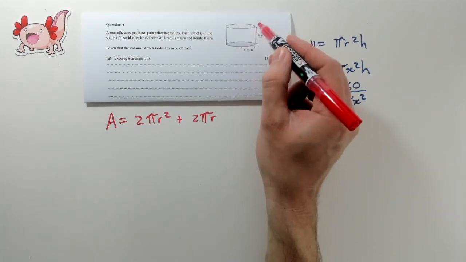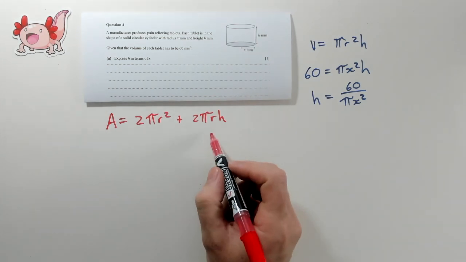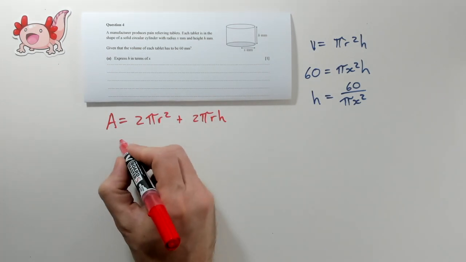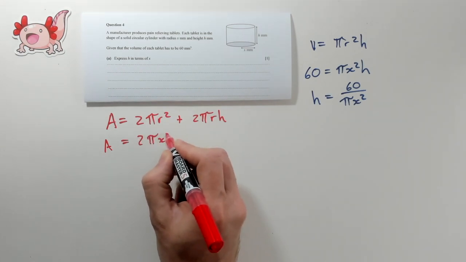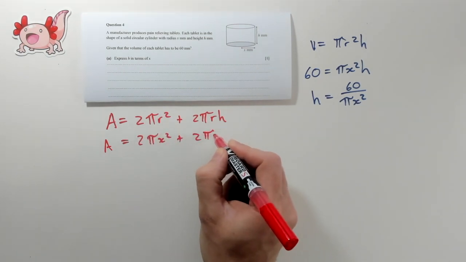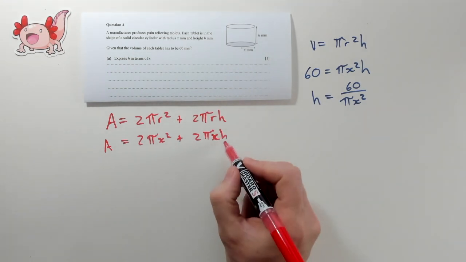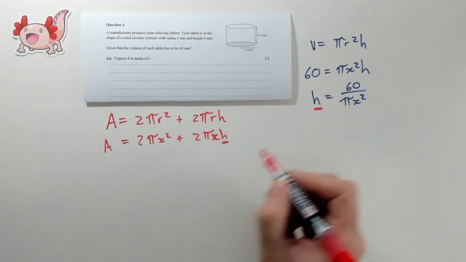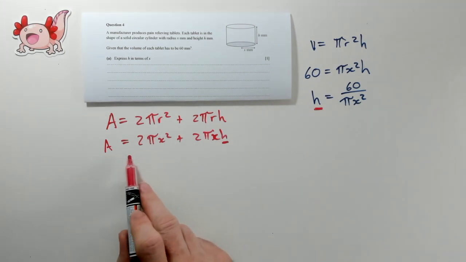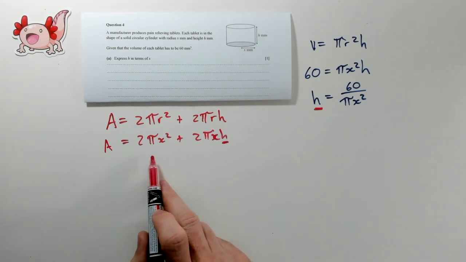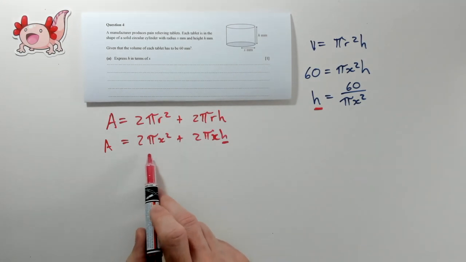So it's that part, times the height, because that's just a rectangle, 2 pi r times the height. I'm just going to sub in my x's, so 2 pi x squared plus 2 pi x h. And in this case, I can sub in h there, because in the end I want this formula to have area in terms of x, or if x was still called r, it would be area in terms of r.